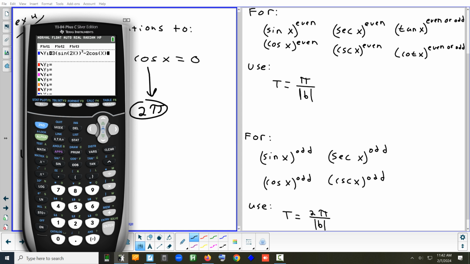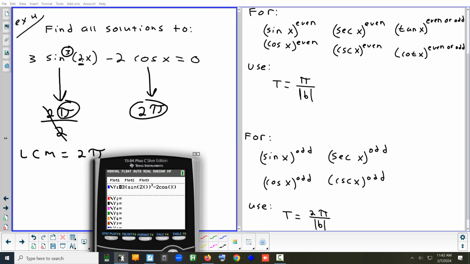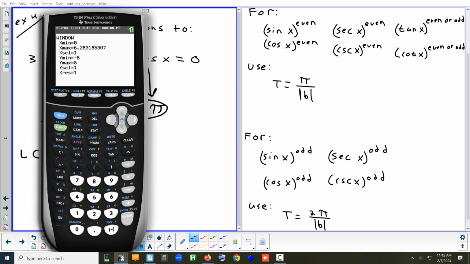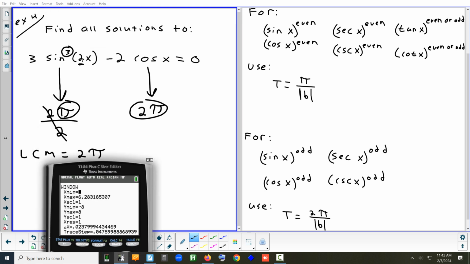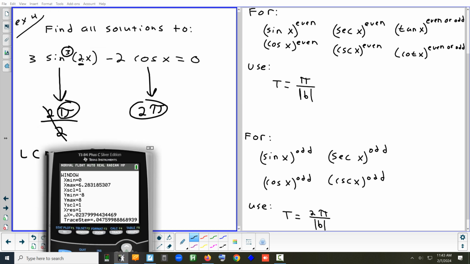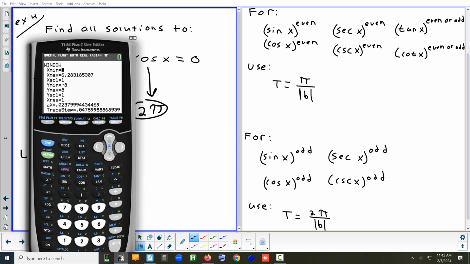We know the period is 2 pi, so set your window to be 0 to 2 pi. No asymptotes, because sine and cosine don't have asymptotes, so it's all going to be connected. Let's see what it looks like. Remember, you're looking for where it equals 0.